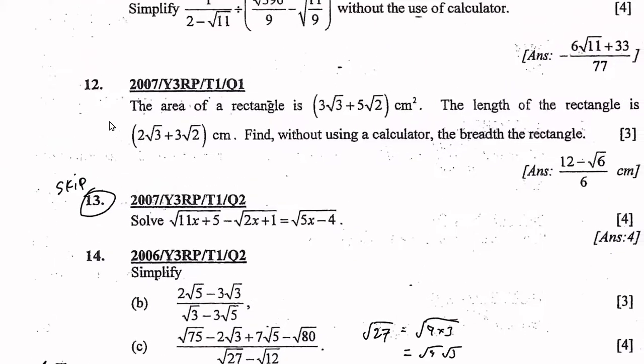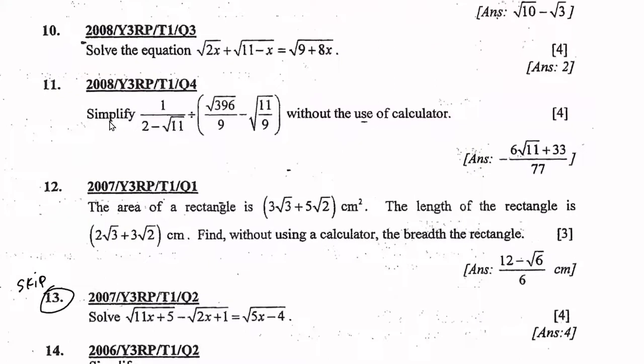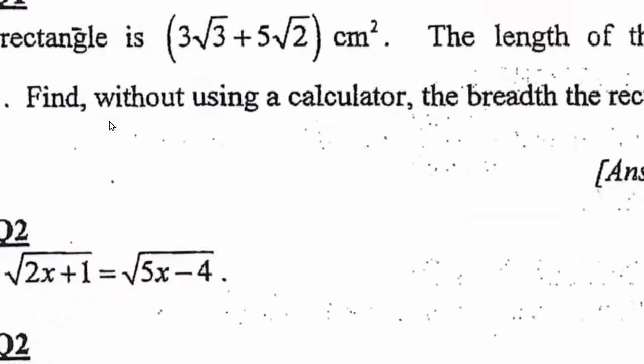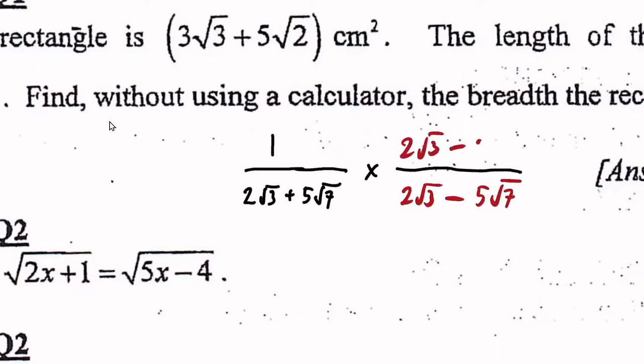This I paper. Area of rectangle, they gave you. Length, they also gave you. Then you want to find the breadth. Let me ask you, if you got 1 over 2 root 3 plus 5 root 7, how do you rationalize this? Times what? The conjugate, right? What's the conjugate? 2 square root 3 minus 5 square root 7. Top and bottom, right? Okay, good.